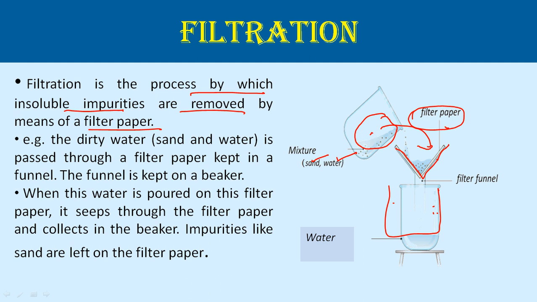When this water is poured on the filter paper, it seeps through the filter paper and collects in the beaker. So impurities like sand are left on the filter paper, and we get pure liquid from this method.